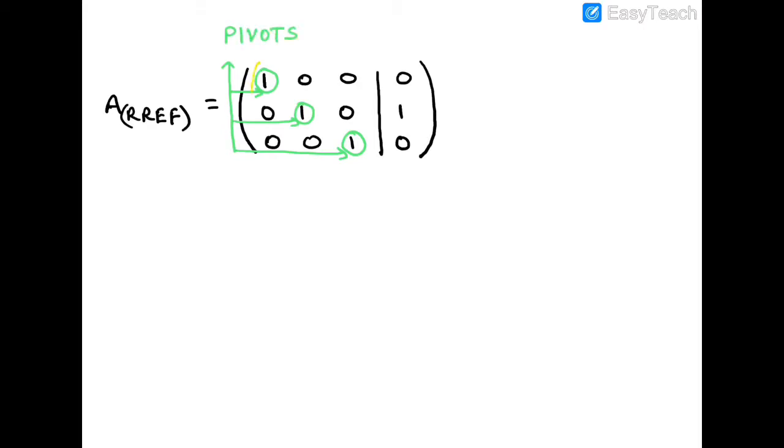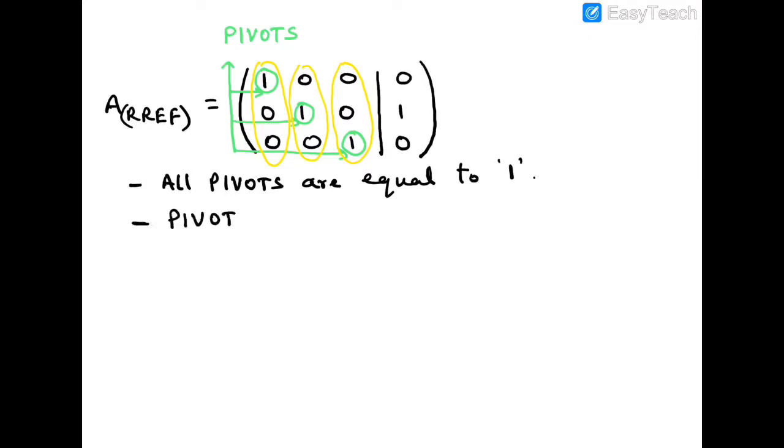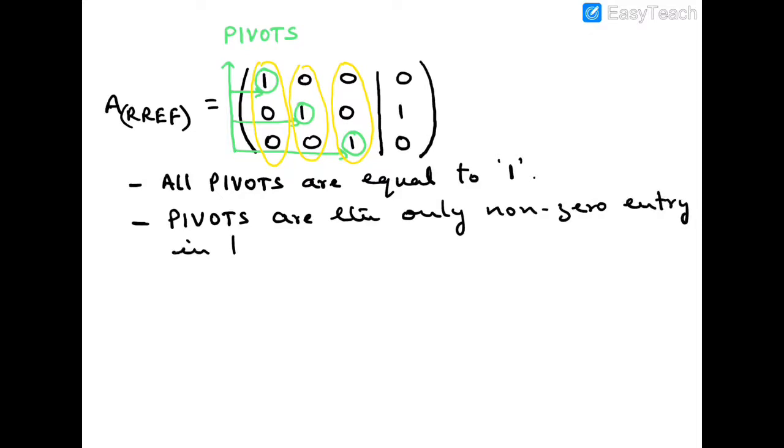So these are the pivots, and pivots are the only non-zero entry in their respective columns. So we can say that all pivots are equal to 1 and all pivots are the only non-zero entry in their respective columns. Therefore, this matrix is in reduced row echelon form.